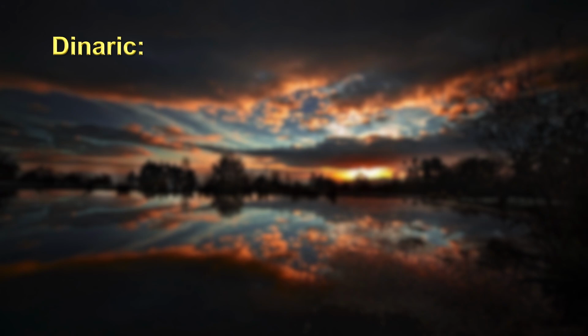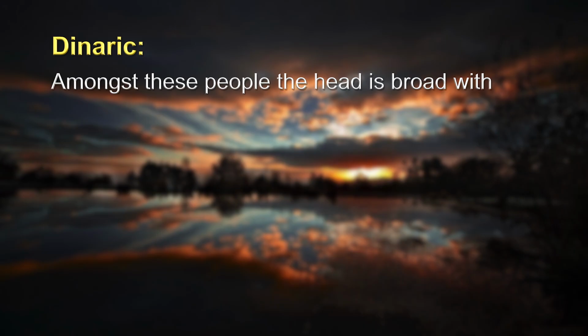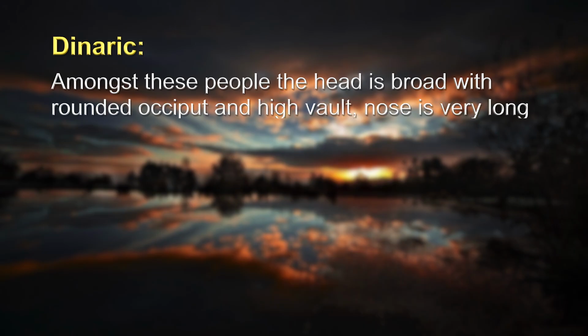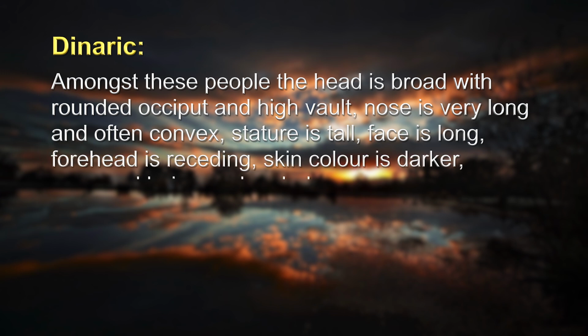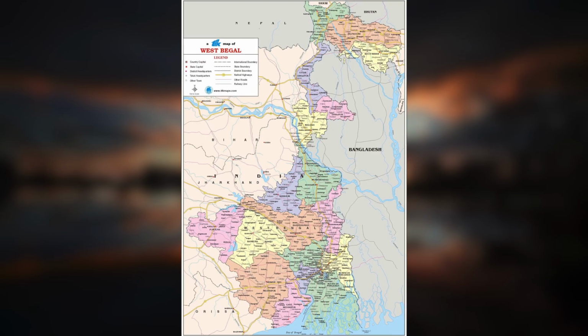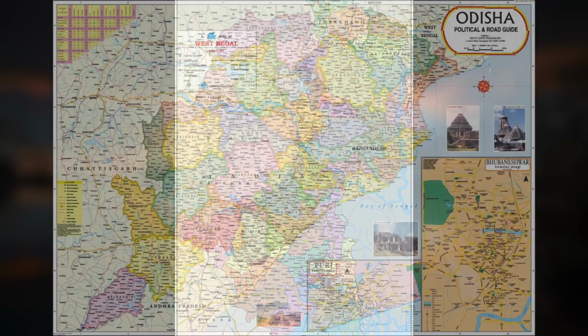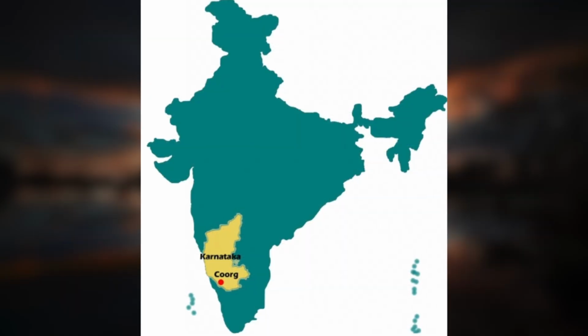Coming to the Dinaric, amongst these people the head is broad with rounded occiput and high walled, the nose is very long and often convex, stature is tall, face is long, forehead is receding, skin color is darker, and eyes and hair are also dark. This type is represented in Bengal, Orissa and Coorg.